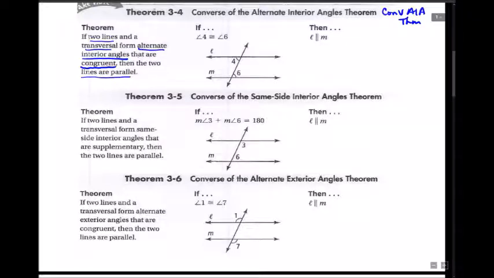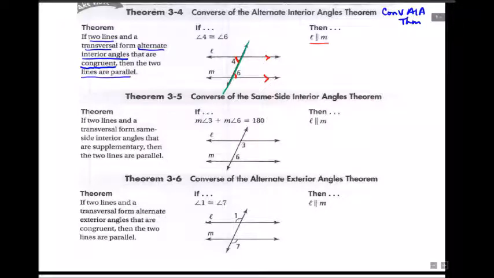So let's look at what we are given. We have two lines cut by a transversal, and we are told that angle 4 and angle 6 are congruent. So there is our transversal. That means that we can say we've met our requirements, that line L is parallel to line M.